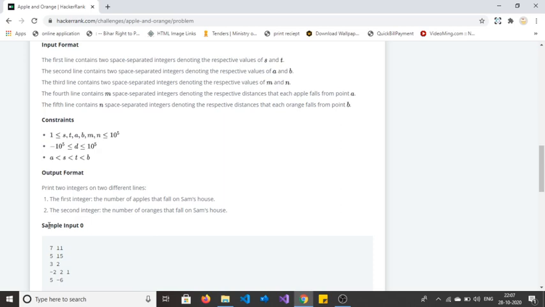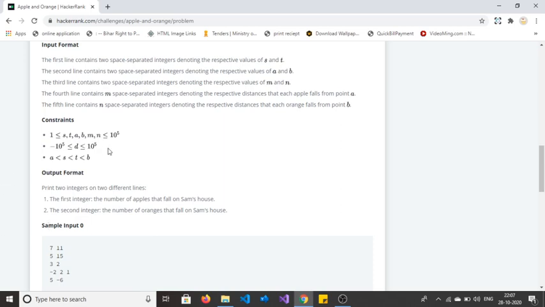The third line contains two space separated integers denoting the respective values of m and n. The fourth line contains m space separated integers denoting the respective distance of each apple's fall from point A. The fifth line contains n space separated integers denoting the respective distance of each orange's fall from point B.